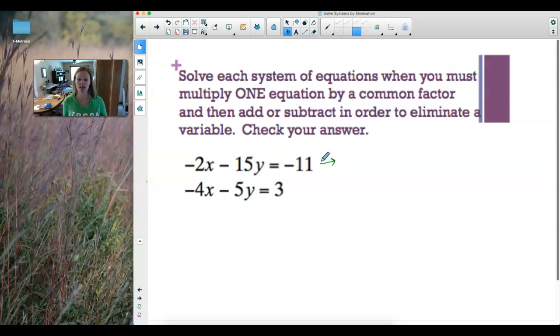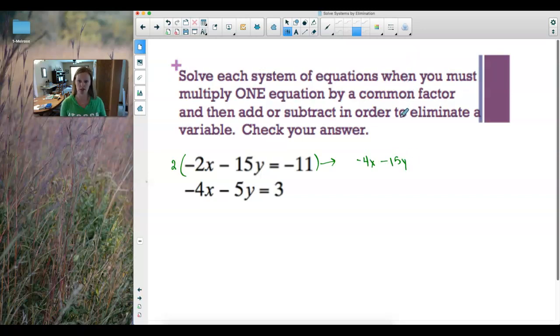Okay, I notice that if I multiply this first equation by 2, that now my X coefficients will be the same. So I'm going to multiply by 2, and you have to multiply the entire equation by 2. So it's negative 4x minus 15y.